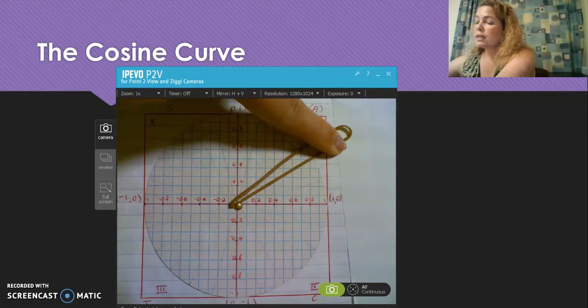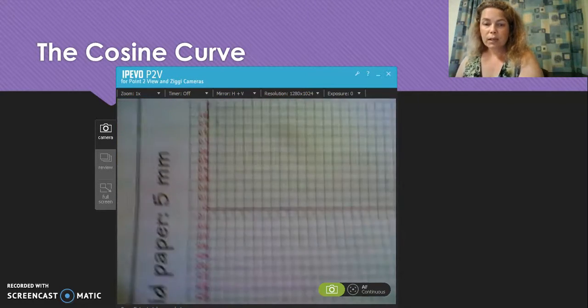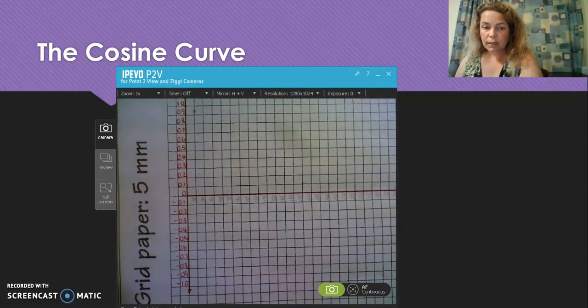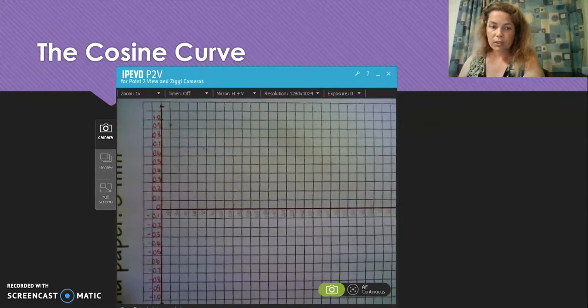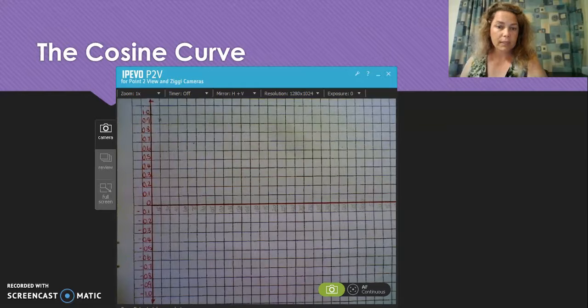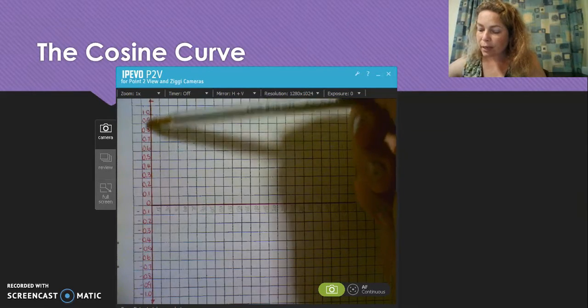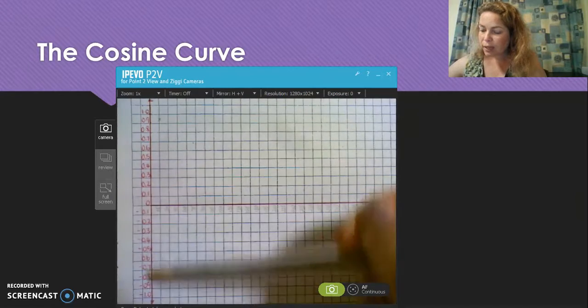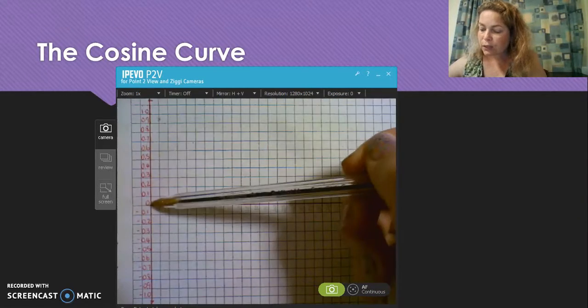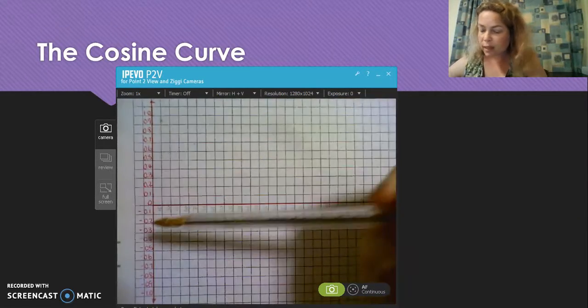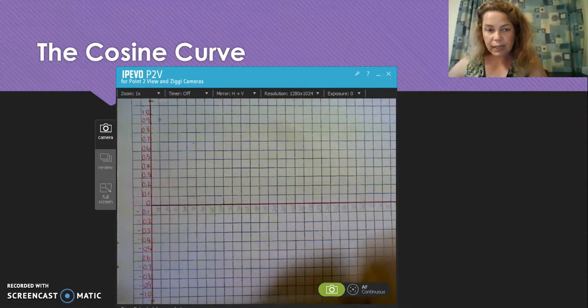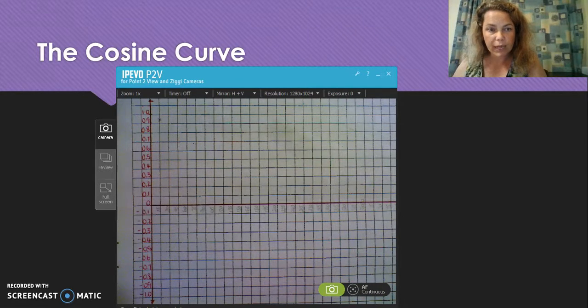Now, what I've done here is I have done up a grid. So it's just a normal printable grid paper. There's nothing special about it. And my vertical axis goes from 0 to 1 and then down to negative 1, because our values of cosine go between negative 1 and 1.